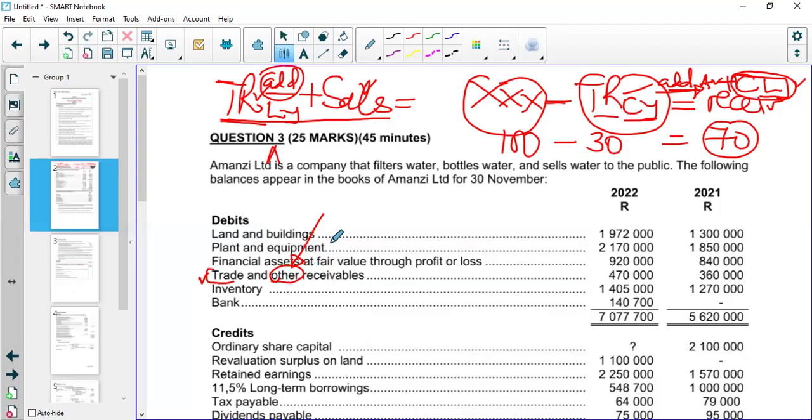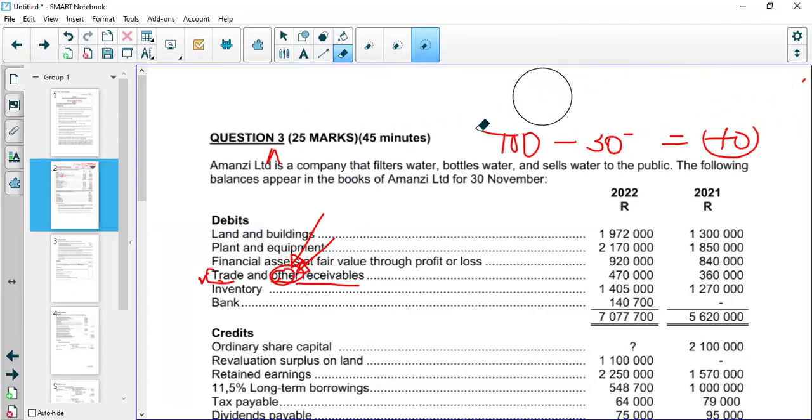So if there are any other receivables included here, we have to exclude them, so that we deal with trade receivables only, not trade and other. Anything else that they tell you is included in the trade and other receivables, please do exclude it. As long as it is not part of the customers we sell to, we should exclude it, right?